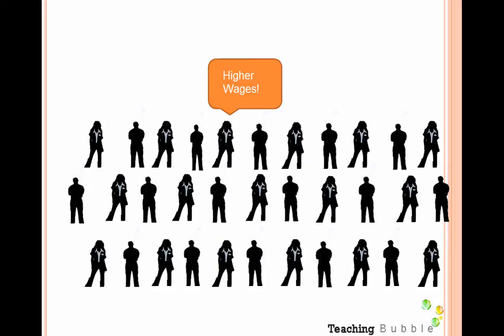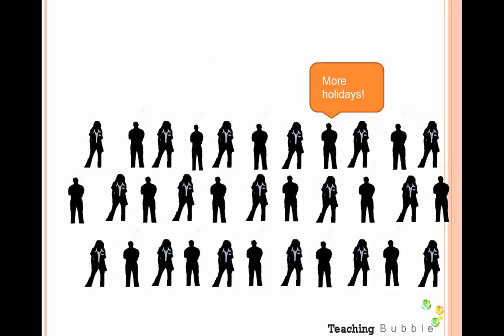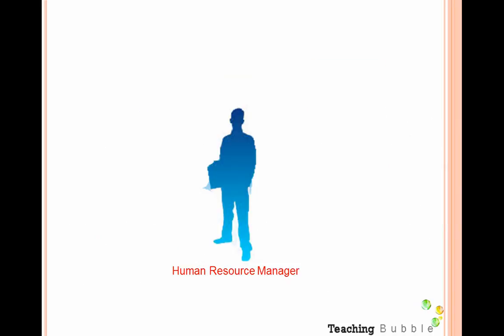So there's a new agreement that is coming up. Agreements normally last around 3 years, and the employees want higher wages and more holidays. That's what they're fighting for in this new agreement. Then we've got the human resource manager, who is acting on behalf of the organisation during the negotiation, and the organisation wants higher productivity.